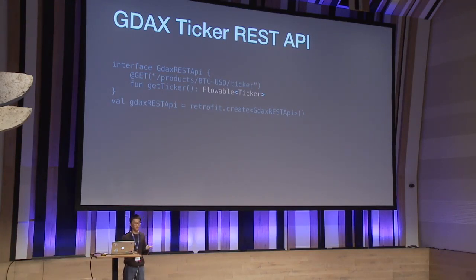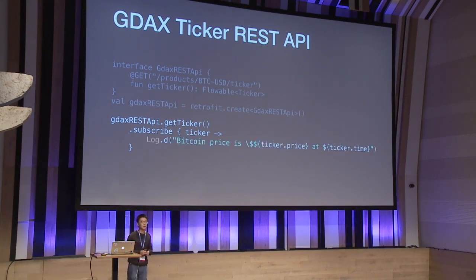Notice the ticker is wrapped in a Flowable. For those who don't know, Flowable is a concept in RxJava 2, and if you're not familiar with it, it's just a stream of asynchronous values. And let's load the ticker. And because Flowable is lazy, you need to subscribe to it to make the request.